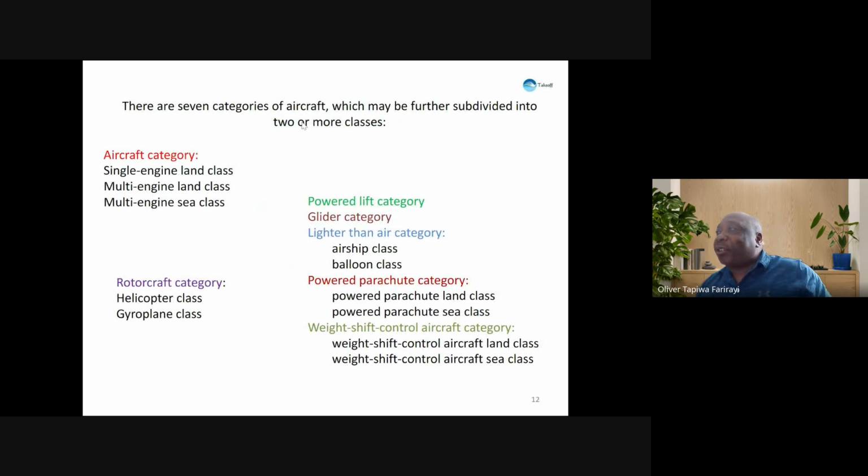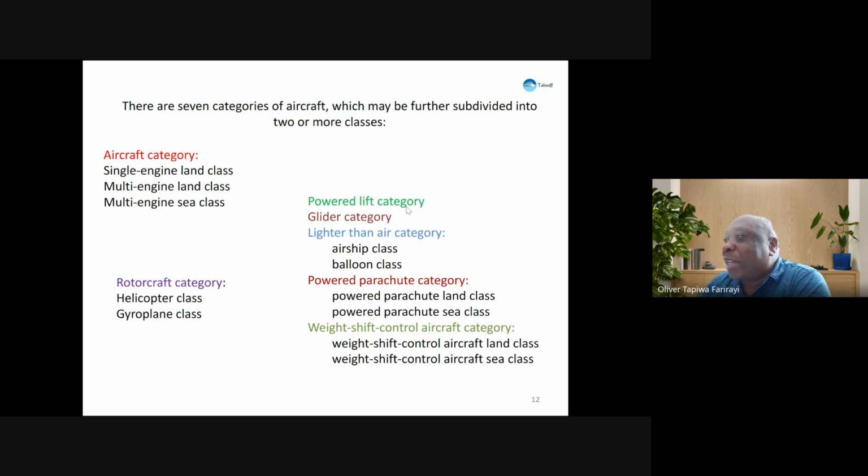There are 7 categories of aircraft which may further be divided into 2 or more classes. So we've got single engine land class, multi-engine land class, multi-engine sea class. I think we did a bit of this earlier on as well, and you remember how you can abbreviate it. In the rotor category, you've got the helicopter class, then you also have the gyroplane.